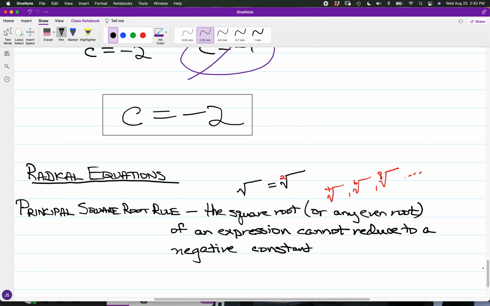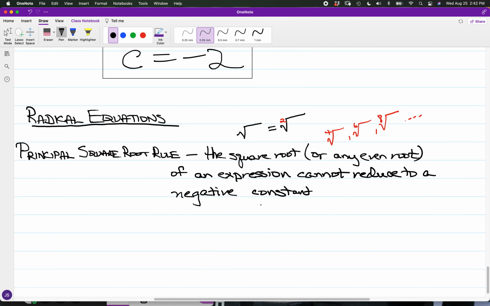We'll get into some cases here where the principal square root rule might be addressed.